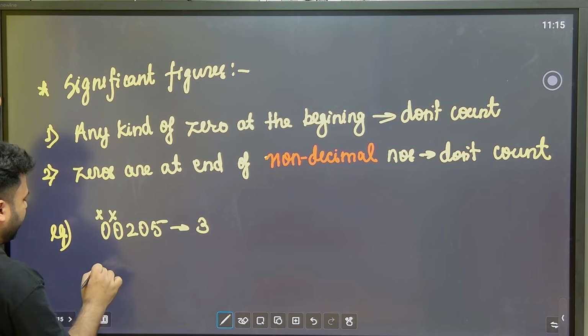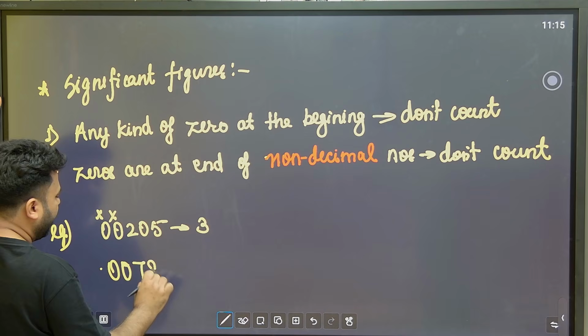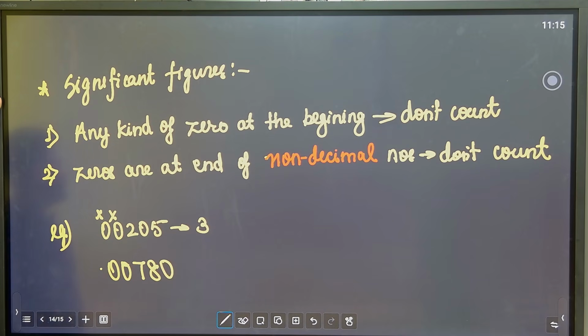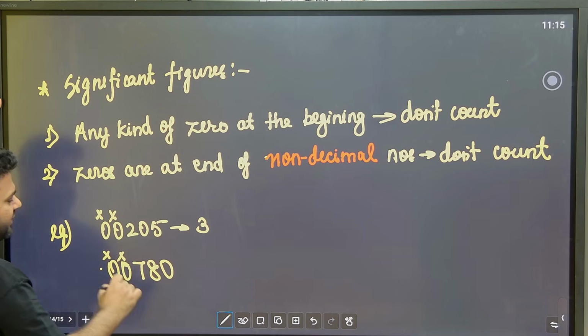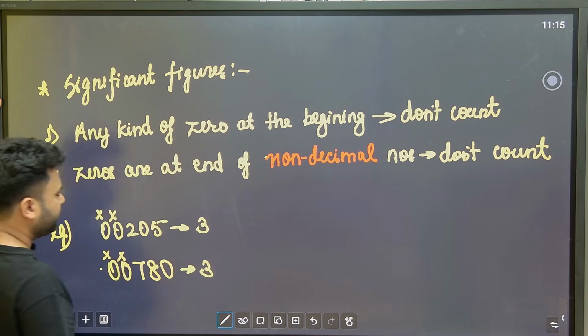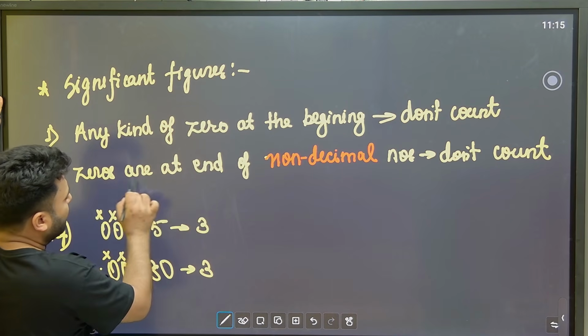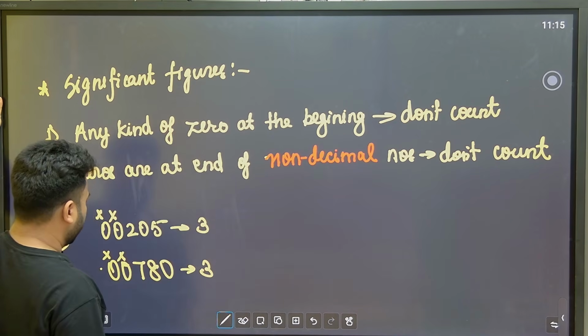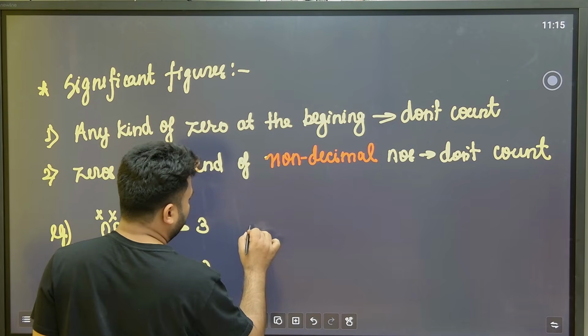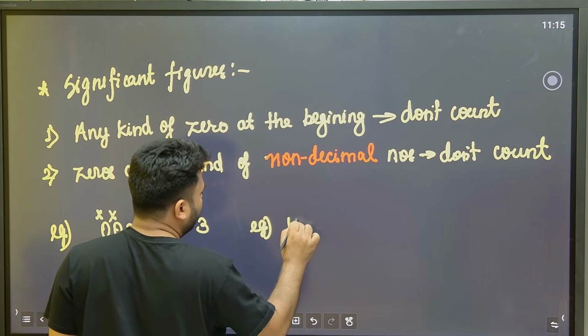If you get 0.00780, you have again zeros at the beginning, don't count. So again significant figures 3. Correct. Second point, if zeros at the end of a non-decimal number, suppose there is a non-decimal number, example 125.